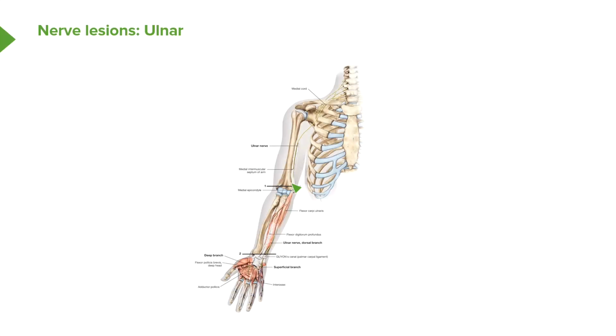Now let's move over to the ulnar nerve. The ulnar nerve passes close behind the medial epicondyle of the humerus, and then it runs within the anterior compartment of the arm alongside the radial artery. It doesn't pass through the carpal tunnel, but it runs superficial to the flexor retinaculum in Guyon's canal, or the ulnar canal, to supply some muscles within the hand.